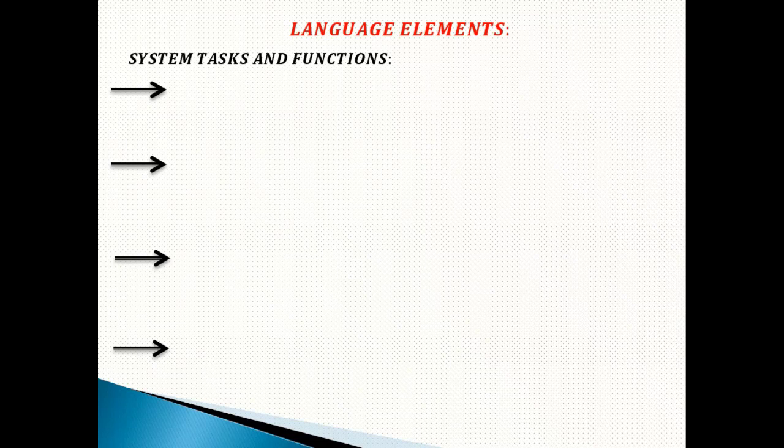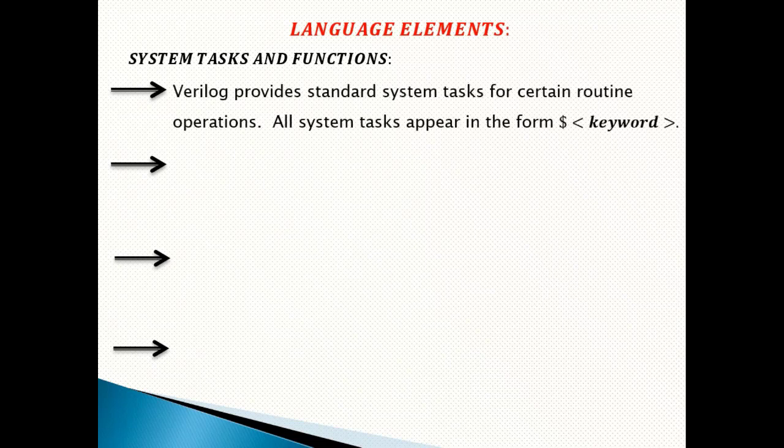System tasks and functions. Tasks and functions are used to generate input and output during simulation. Verilog provides standard system tasks for certain routine operations. All system tasks appear in the form $ followed by a keyword.